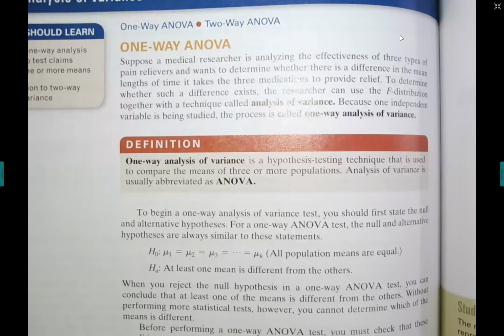And here you read in the example, it says 3 medication. So what we can use, guys, is a distribution called an F distribution. So far you learned Z distribution, you learned T distribution, you learned chi-square distribution, and now you're gonna learn the last one, which is F distribution, but we will be using the calculator to demonstrate this.